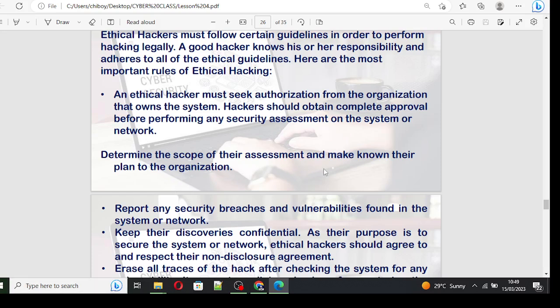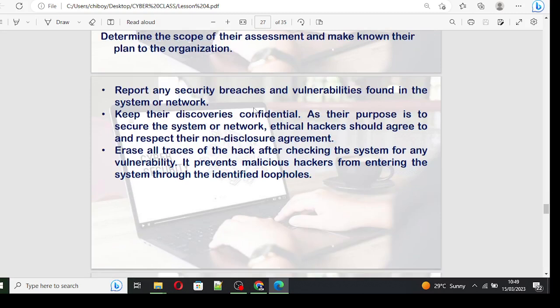Determine the scope of the assessment and make known their plan to the organization. Report any security breaches and vulnerabilities found in the system or network. Keep their discoveries confidential, as their purpose is to secure the system or network. Ethical hackers should agree to and respect their non-disclosure agreement.